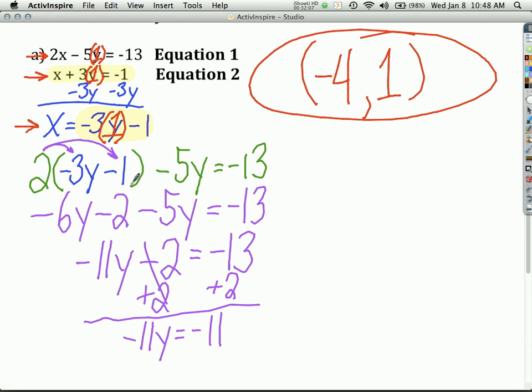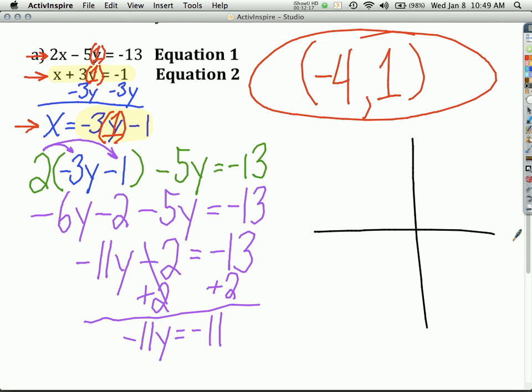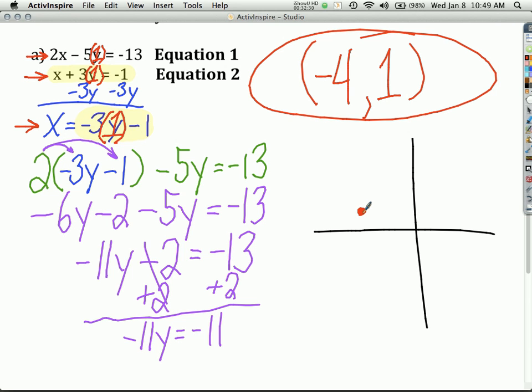Okay. So now I want to relate this back to what we did yesterday. What this means is that if I were to draw the graph, I don't know what it will look like. I would have to take the time to actually graph it. But I do know that the point where they cross will be negative 4, positive 1, right there. I don't know what the lines will look like.